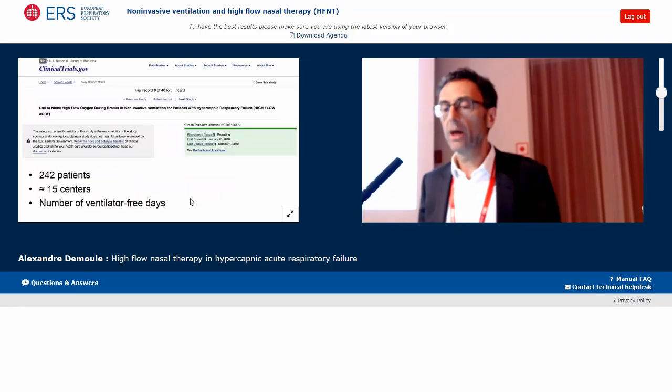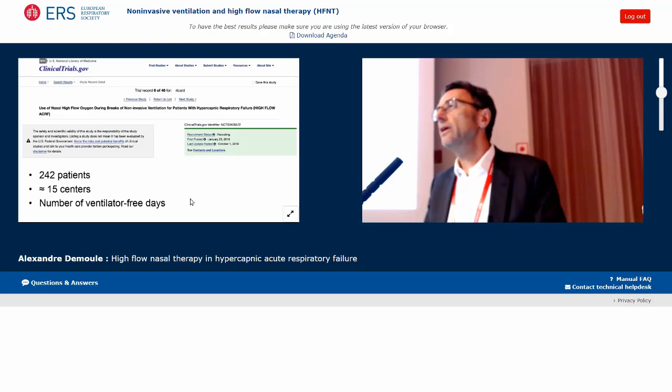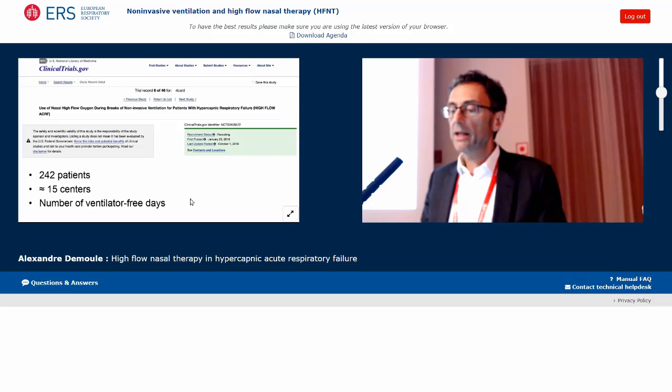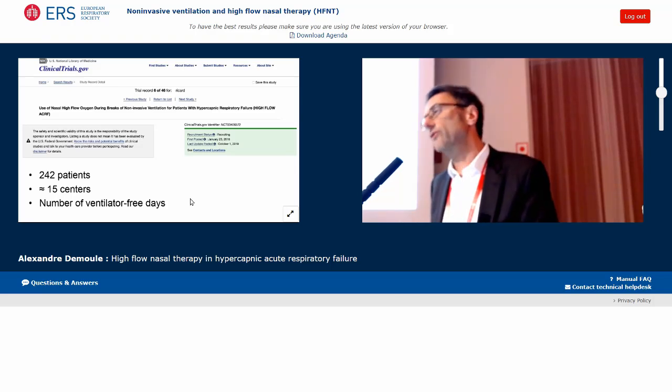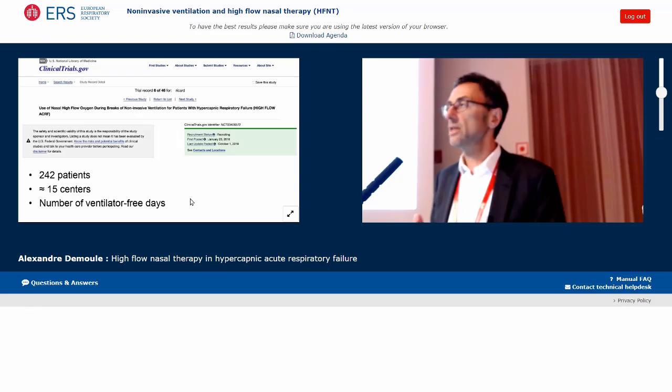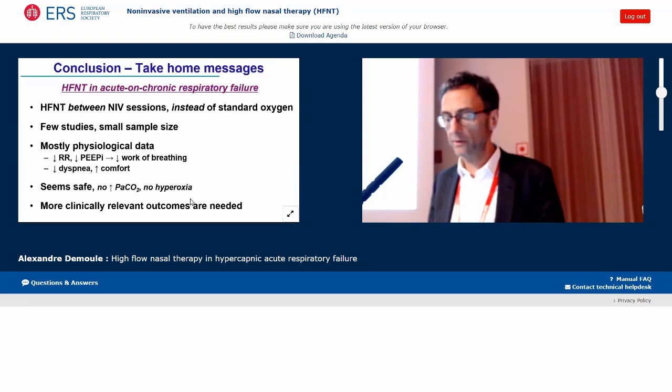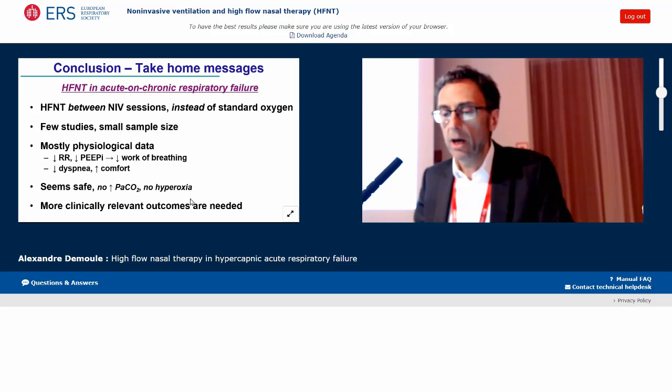And there is an ongoing multicenter trial in France, comparing NIV plus high flow between sessions versus NIV plus standard oxygen between sessions. This has started and is not ready to be completed.